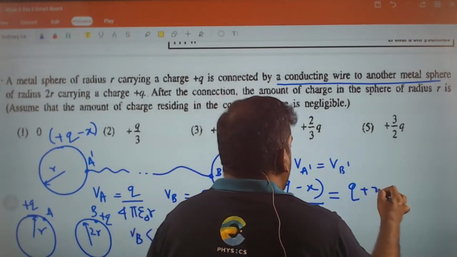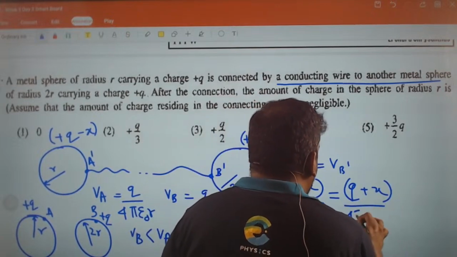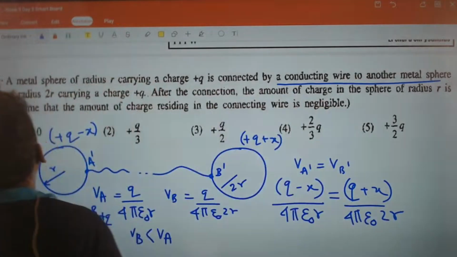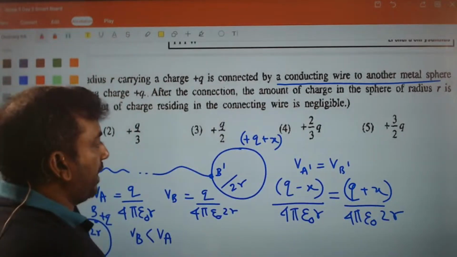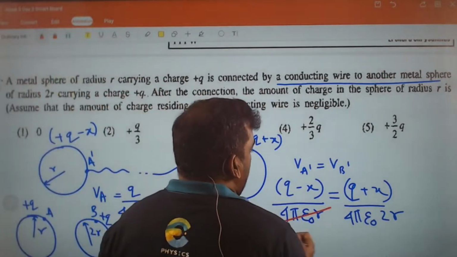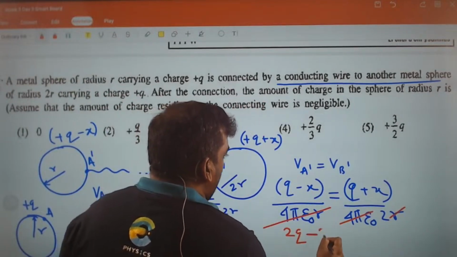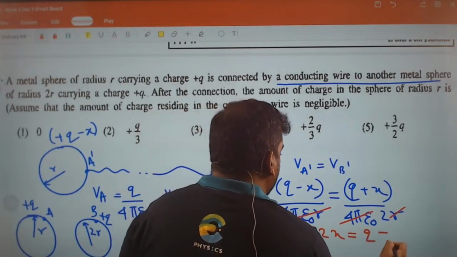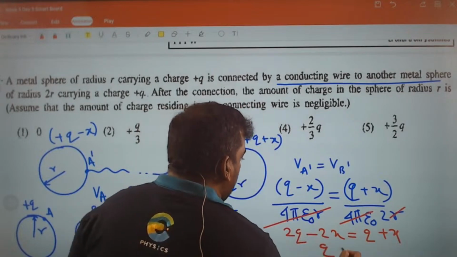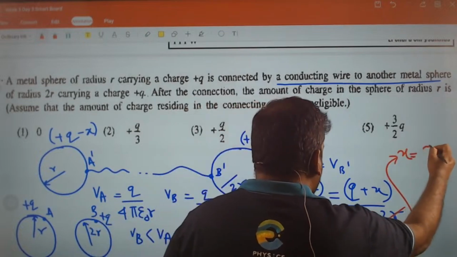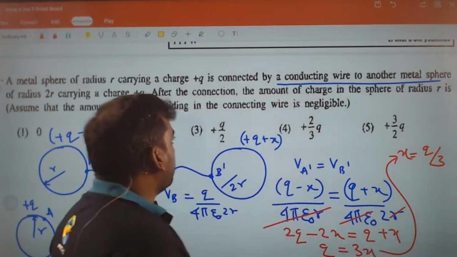Here you can say (q plus x) divided by 4 pi epsilon naught 2r. Simplify this. 4 pi epsilon naught r cancel off, cross multiply. 2q minus 2x equals q plus x. Simplify, q is equal to 3x. From this you can say x is equal to q divided by 3.